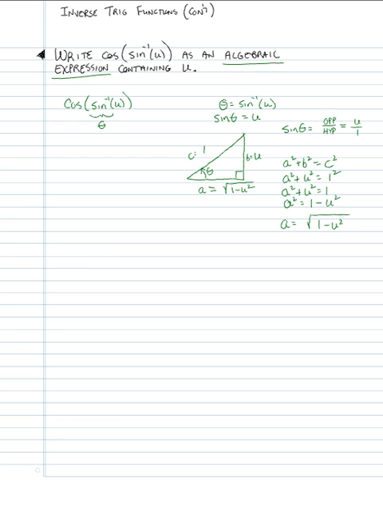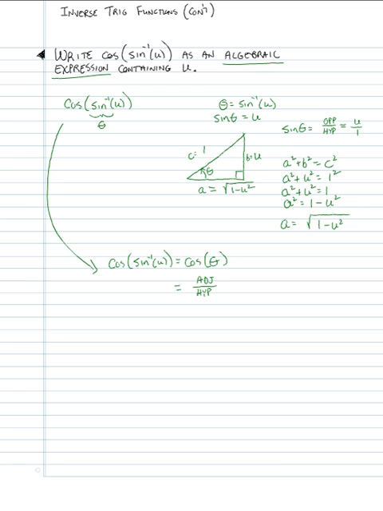Okay. Well, where are we? Back here now. We have the cosine of the inverse sine of u, and the inverse sine of u is what we call theta. So this is really the cosine of theta. And the cosine of an angle in a right triangle is the adjacent side divided by the hypotenuse.